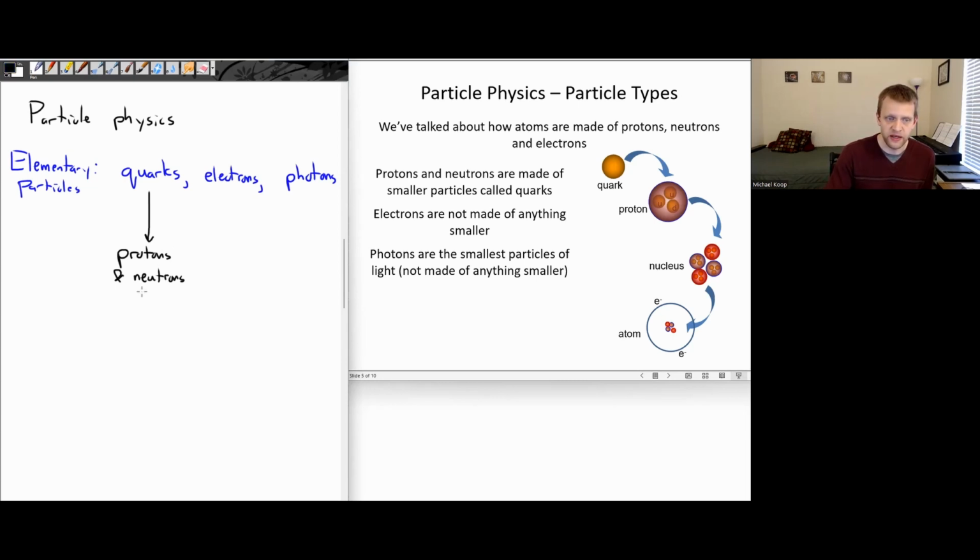I can combine protons and neutrons together to make atomic nuclei. And if I combine electrons and atomic nuclei, I can make neutral atoms.